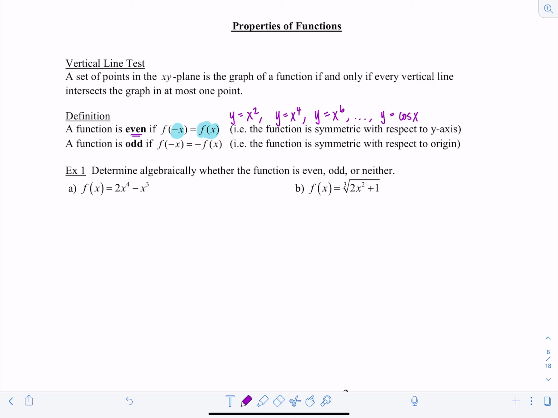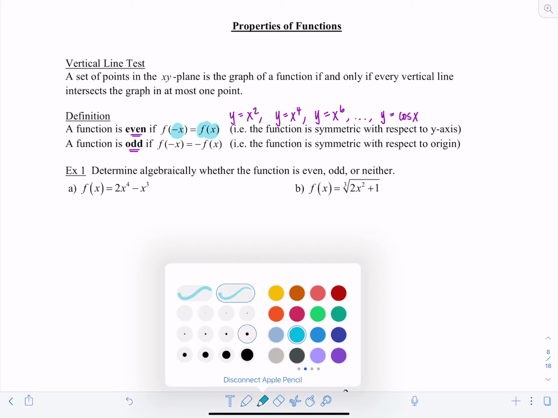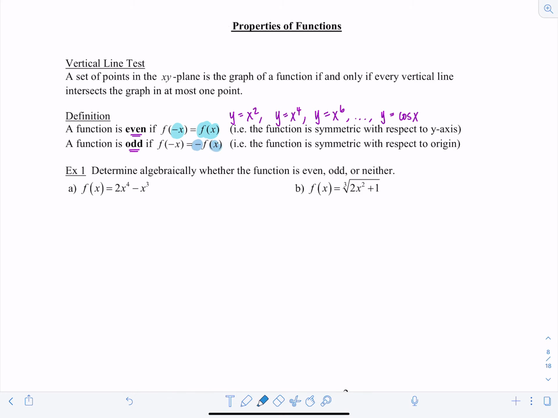And then a function is said to be odd if f of negative x equals, now notice this, negative f of x, so the opposite of the original function. And when you have an odd function, that means it's symmetric with respect to the origin. So what are some examples of odd functions?